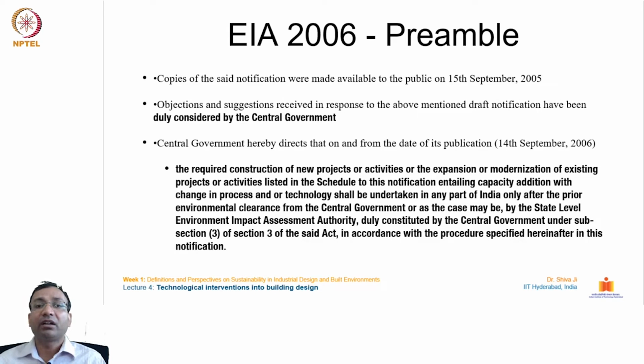So any developmental activity is responsible and answerable to the public. So the public must preview such environmental assessments, and they must approve before going ahead with the developmental activities. As an honor to that philosophy, this preamble was made available for viewing by the public on 15th September 2005.